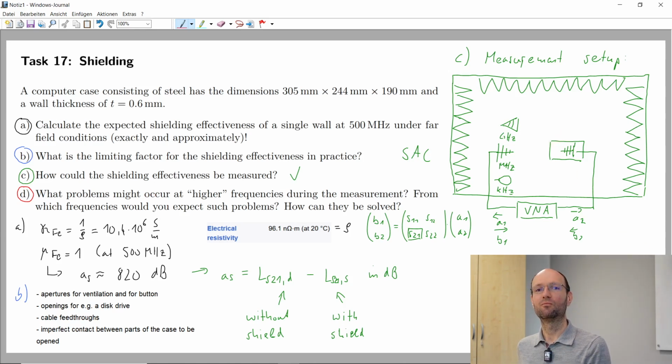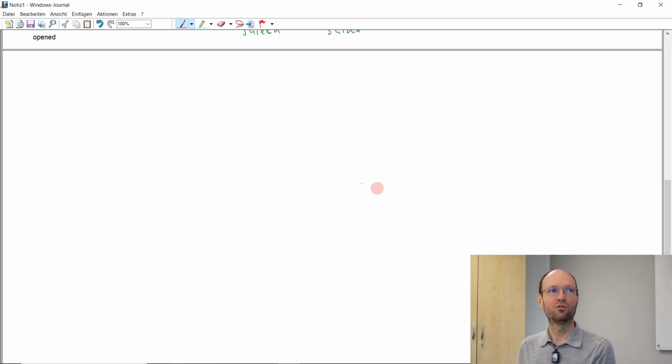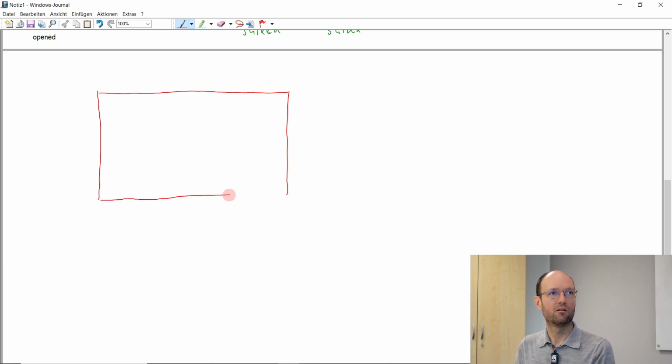And so what happens, if I go to a new page, is if we take a look at our shielding computer case, our shielding enclosure, I will try to draw it a little bit. So this is the front side, and let's now try to make a little bit of a three-dimensional view.